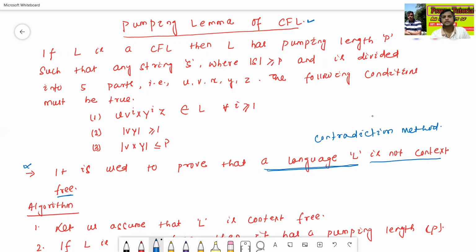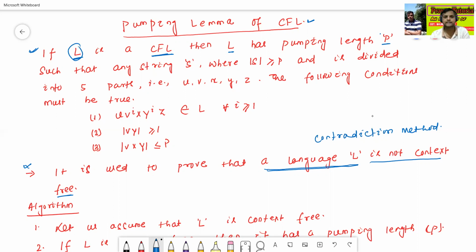Now we'll see the definition of the pumping lemma of context-free language. If a language L is context-free, then L has a pumping length P. Later we'll discuss what the pumping length means, so don't worry.